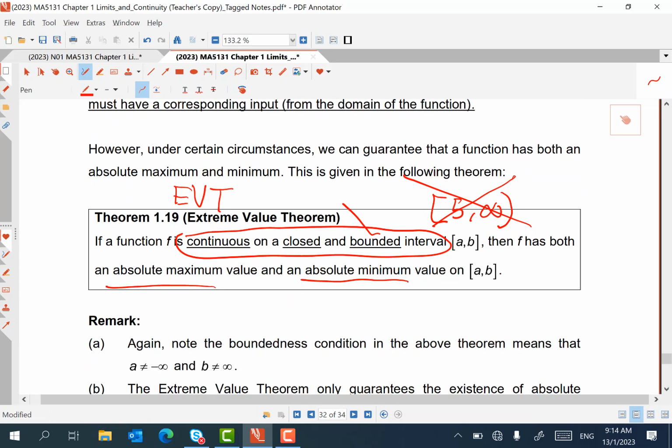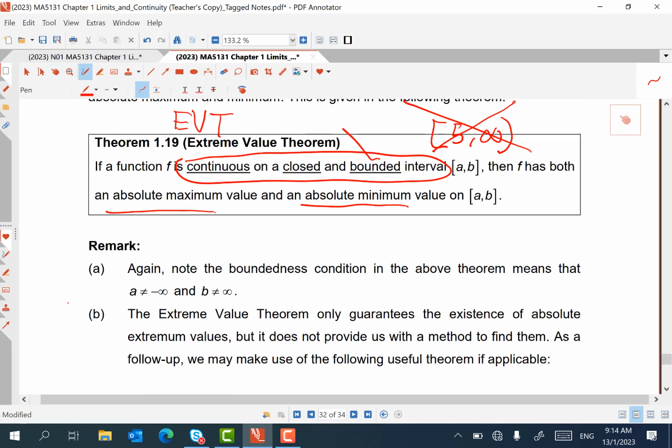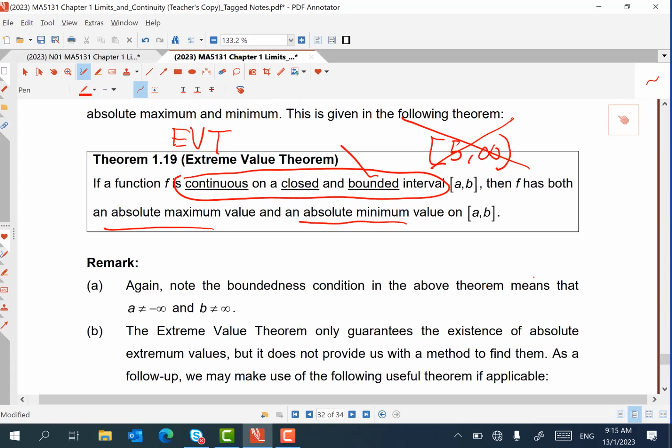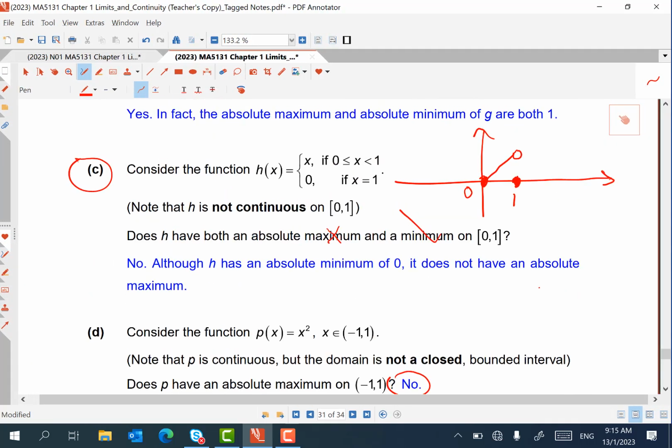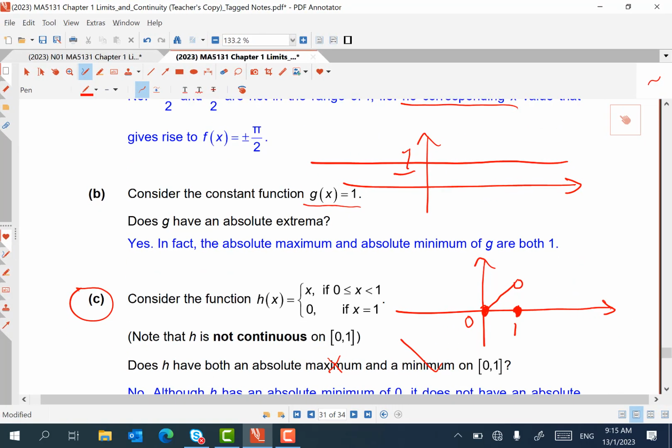Okay, so the remark is to reinforce what I just said. I must also caution you about something. While this theorem guarantees the existence of absolute max and min with the condition, that doesn't mean that if you do not have these conditions, they don't have absolute max and absolute min. Because in the earlier examples, some of these diagrams do not satisfy the condition.